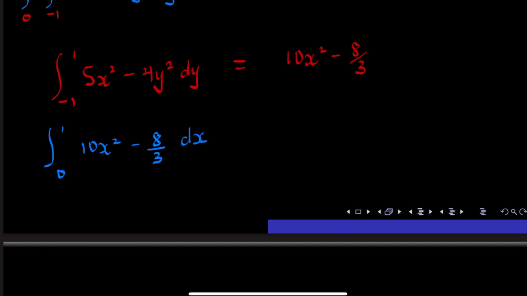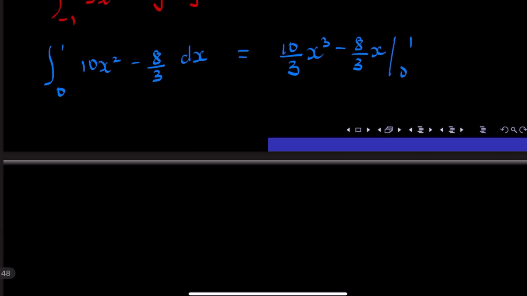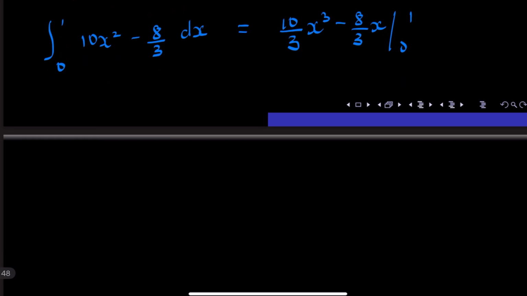Now we can integrate this guy with respect to x. So that will be 10 over 3 x cubed minus 8 over 3 x from 0 to 1. So we're now substituting the range of integration, the upper range minus that of the lower range. So that will be 10 times 1 cubed on 3 minus 8 on 3 times 1.